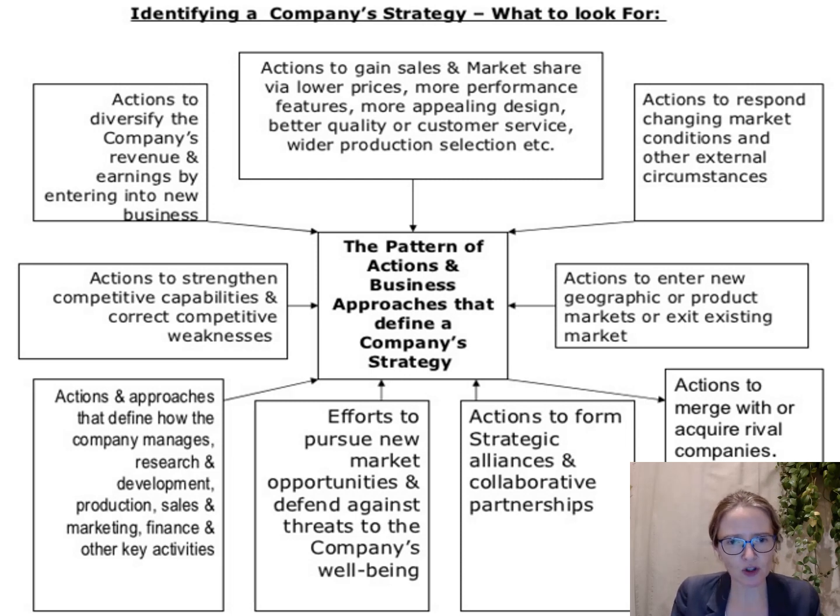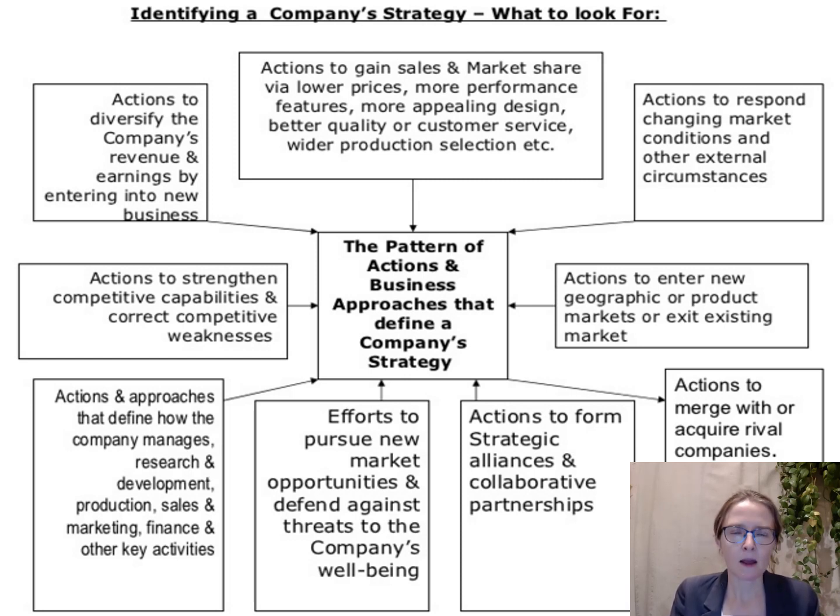We may also want to think about how the company manages research and development, production, sales and marketing, finance and other key activities, so actions and approaches in that area. And then also actions to strengthen competitive capabilities and correct any potential weaknesses relative to competitors. So those are some of the areas that we might want to consider when identifying a company strategy.